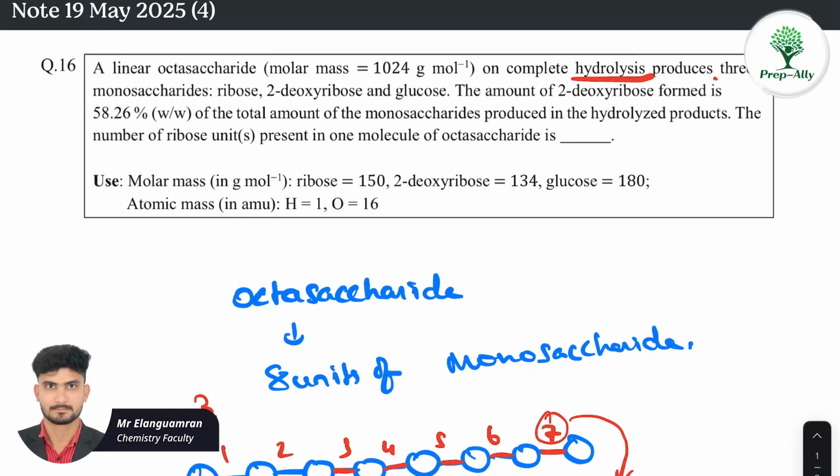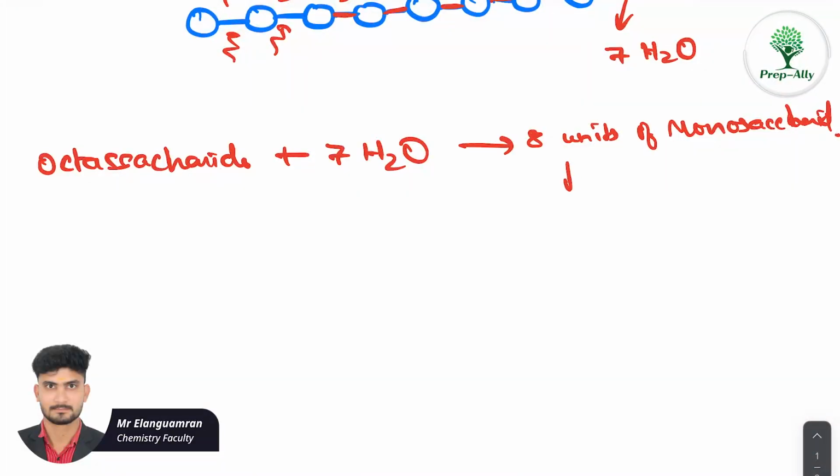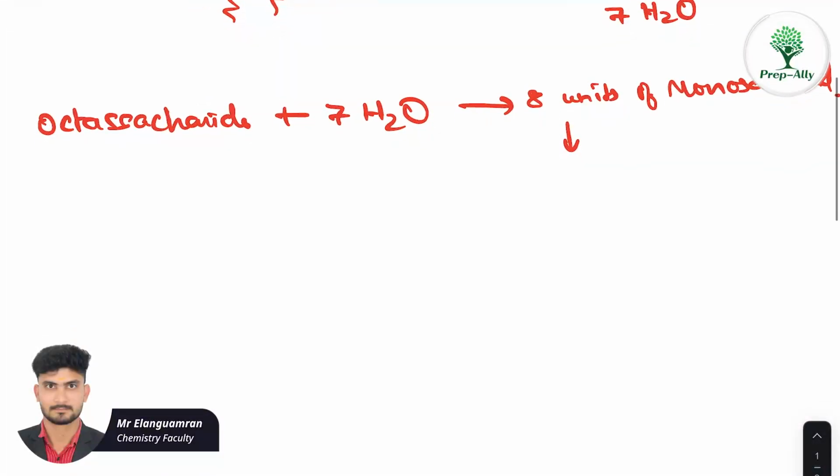So they have given that these are producing 3 monosaccharides: ribose, 2-deoxyribose and glucose. So these 8 units will contain, we don't know how many glucose I have, how many ribose I have and how many deoxyribose I have.